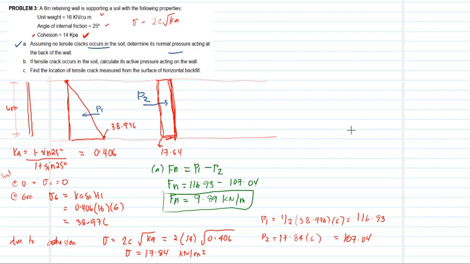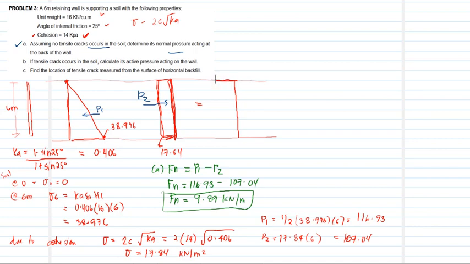Okay? So, for letter B, meron na tayong tensile crack. So, ano yung magiging pressure diagram natin pag nagkaroon na tayo ng tensile crack? So, this is equal to 0 minus 17.84, magiging negative yan.